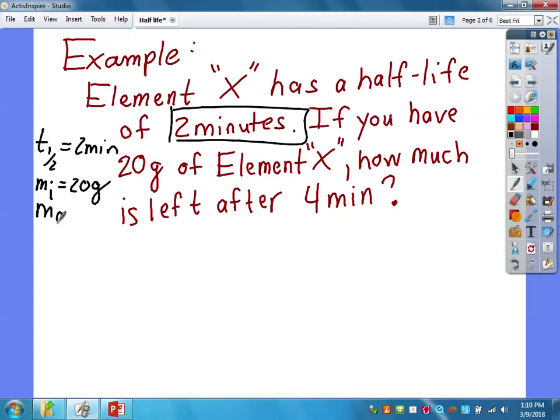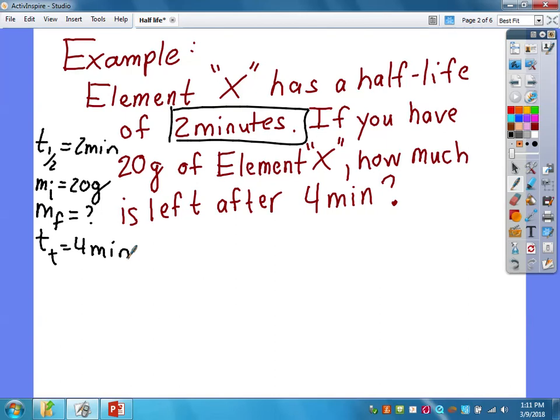We're looking for the final mass, and we have the total time, which I'll call TT, 4 minutes. The way I like to look at these is that every problem gives you these 4 things, it's just going to give you 3 out of the 4. Another problem could give you the initial mass, the final mass, and the total time and ask what's the half-life. So I like to look at these all basically the same.